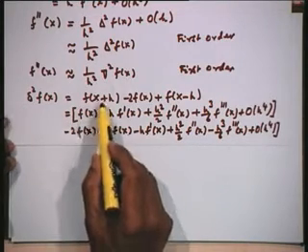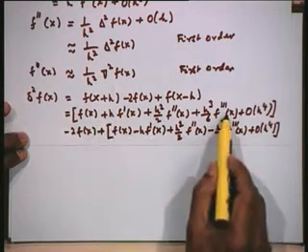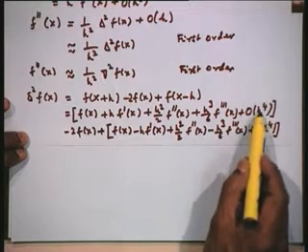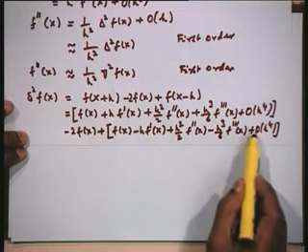We have just opened f of x plus h by Taylor series. We retain terms up to order of h cubed and then retain the error as h 4. F of x minus h also we expanded.